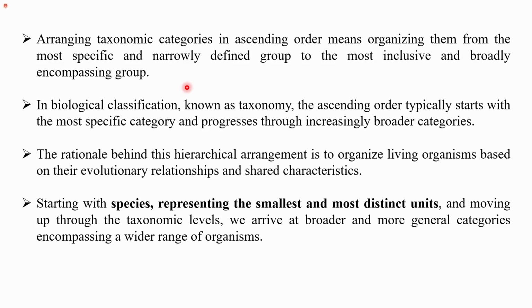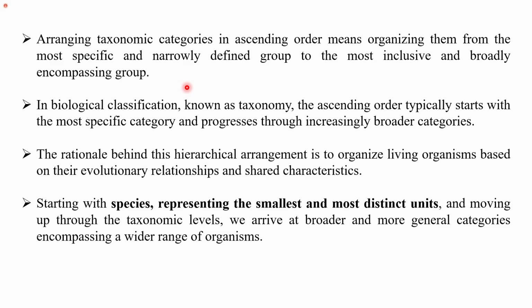So species is the most specific category, the narrowly defined group, while the kingdom is the most inclusive. Kingdom was the bigger box that has both pens and balls. That bigger box includes everything, but it is a broadly encompassing group.